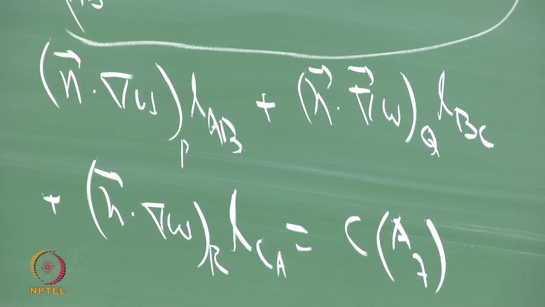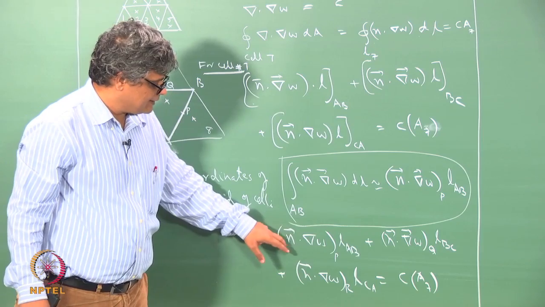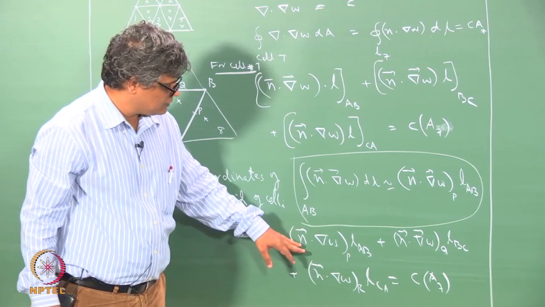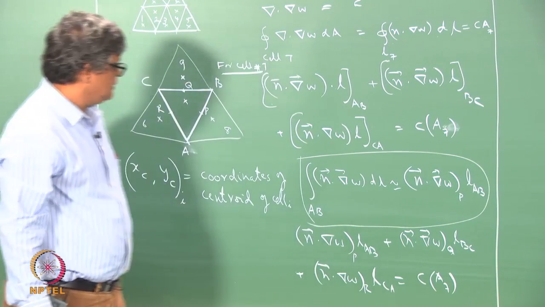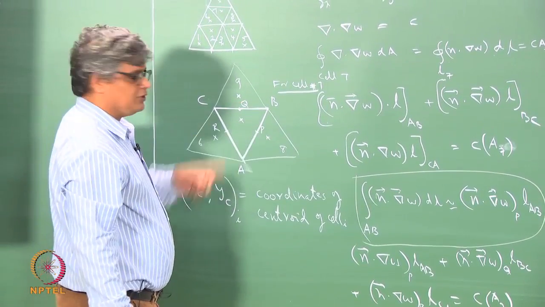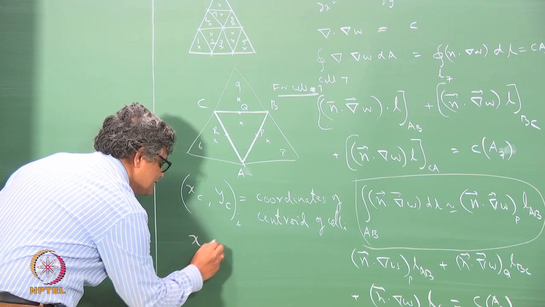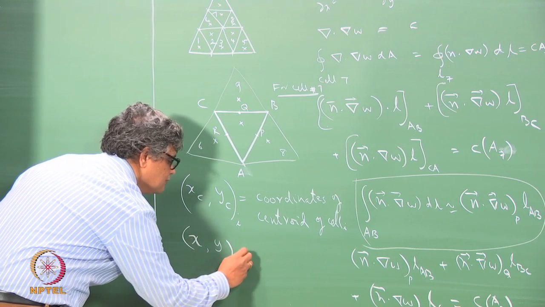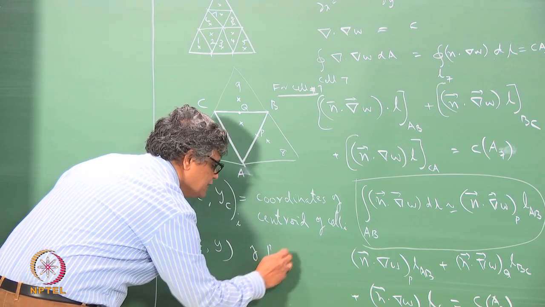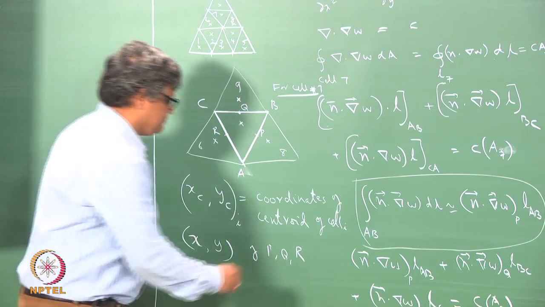The reason we explicitly wrote it like this is that in order to evaluate these gradients and the surface normal vector at P, we need to know the xy coordinates of P, Q and R. So we also need to know the x and y coordinates of P, Q and R for cell 7.